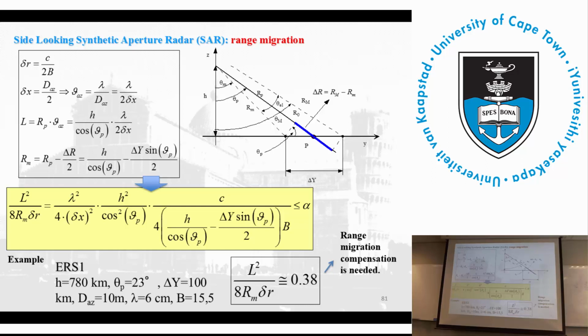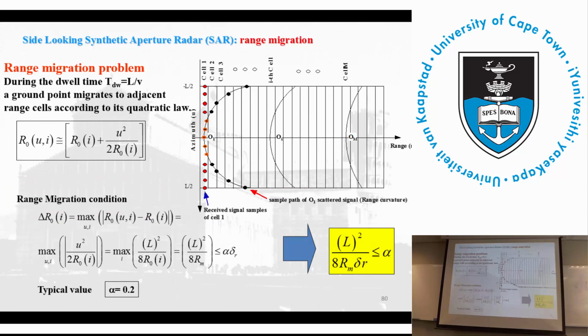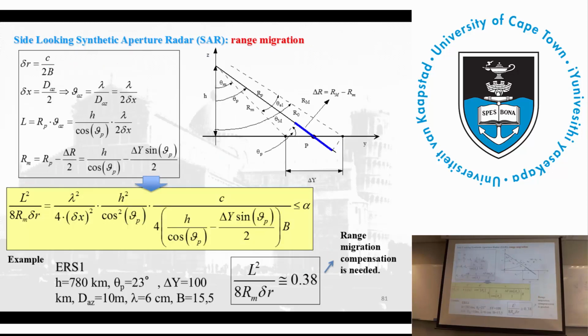Okay, a few numbers here. But this is just a way of expressing these numbers, this stuff that you've seen already. Okay, so delta R is c over 2b. This is just to express those parameters in terms of system parameters, where b is the bandwidth, a system parameter.